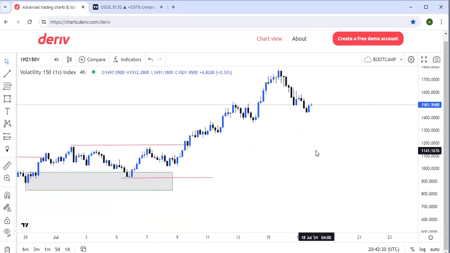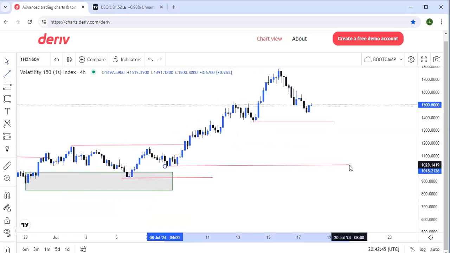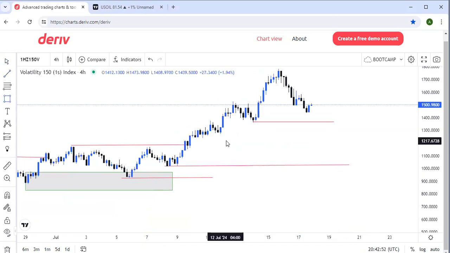What I'm seeing on this asset is that price will come, clear this inducement here, and come back and take this internal liquidity before you start buying again. That's what I'm looking out for. The high is not confirmed unless this inducement is taken. This is where the inducement was taken before we confirm the high.